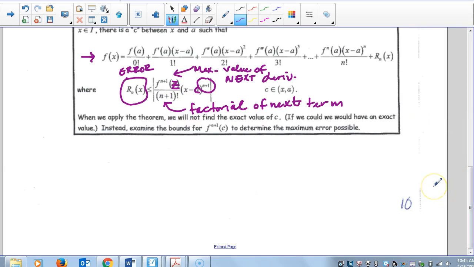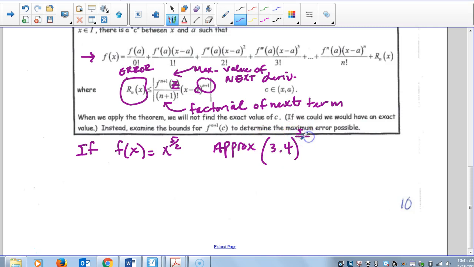So for example, let's just take a really quick example. Let's pretend you have a function. So if you have f of x equals, I don't know, x to the 5/2. And I want to use the Taylor series to approximate, using it to do like 3.4 to the 5/2.